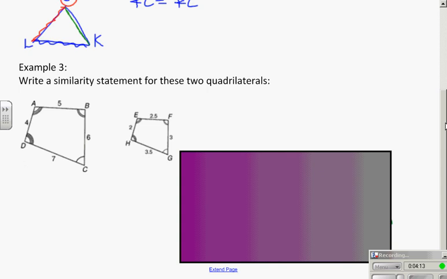Example 3 asks us to write a similarity statement for these two quadrilaterals. So we know from the last unit, we can start wherever we want.